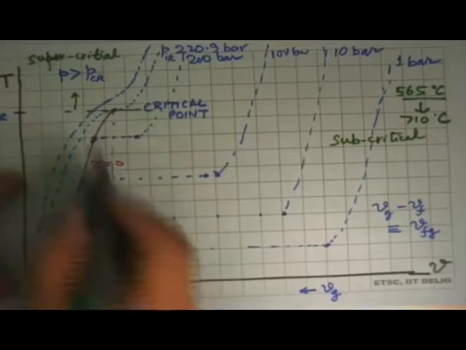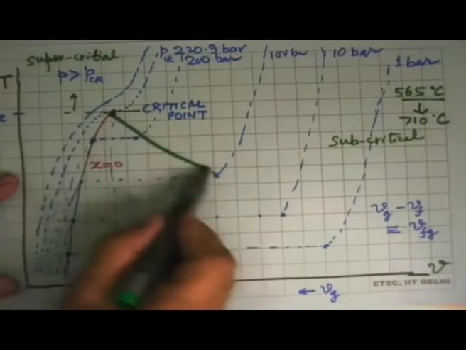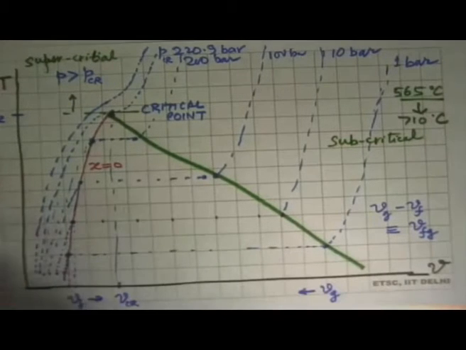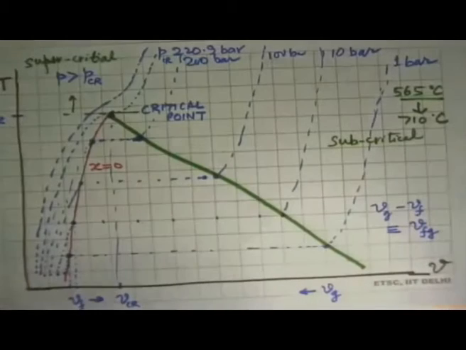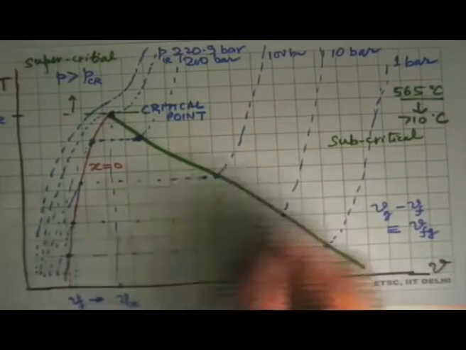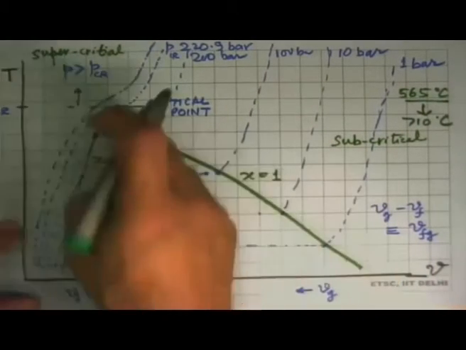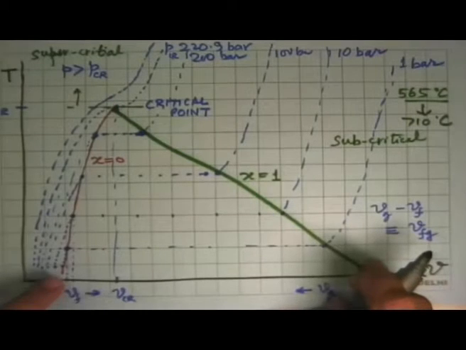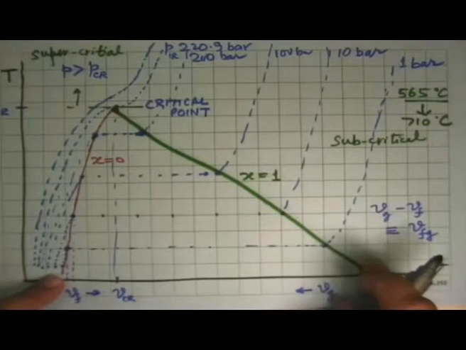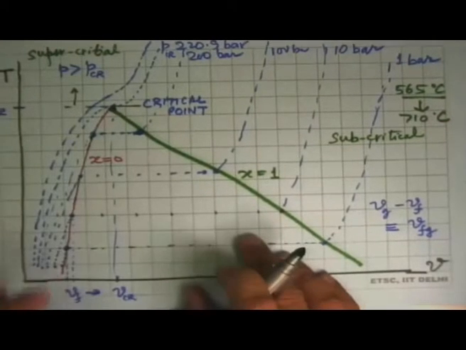And similarly, we can join all these states on the other side. These are all the states where X is equal to 1. Dry saturated vapor, saturated liquid. In between this are all the wet states.